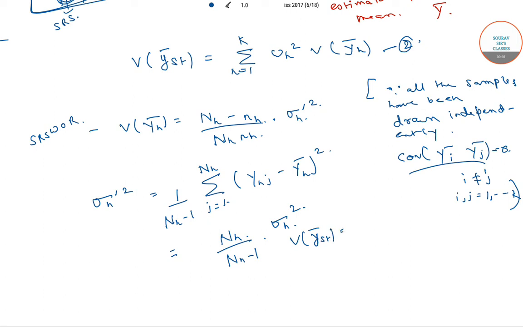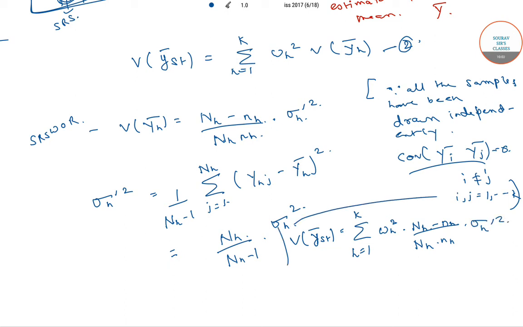This is equal to the summation, h goes from 1 to k, of W_h² into (N_h − n_h) divided by (N_h n_h) into σ_h'².